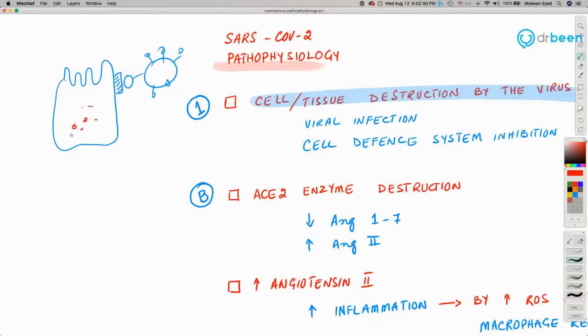It is here. When it has entered the cell and now it is replicating there, it is dividing there, and we know the mechanism for that. Eventually, it is going to eject from the cell. Now, in the process of ejection, this virus can either destroy the cell or may spare the cell.